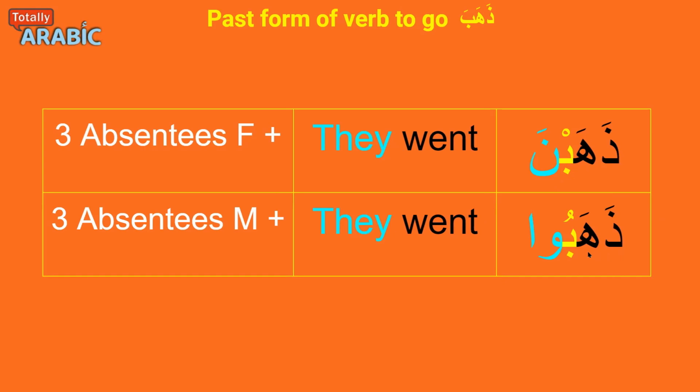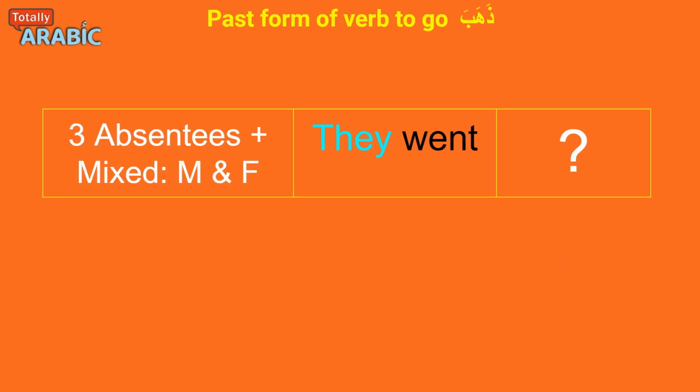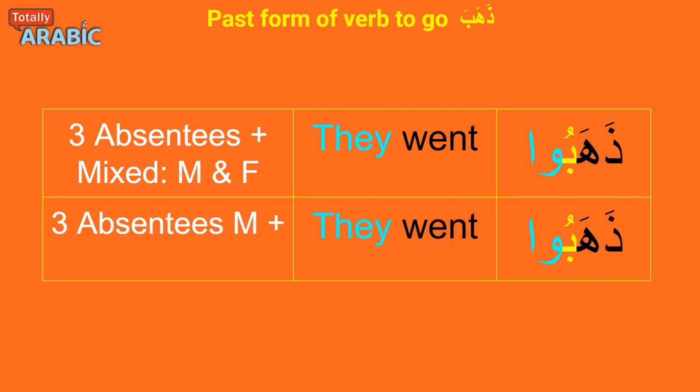So fatha, fatha, like here, but the ba here changes, and we add waw and alif. ذهبوا. Now, if the absentees are mixed, male and female, we say ذهبوا. Same as if the group that we are talking about is all male.